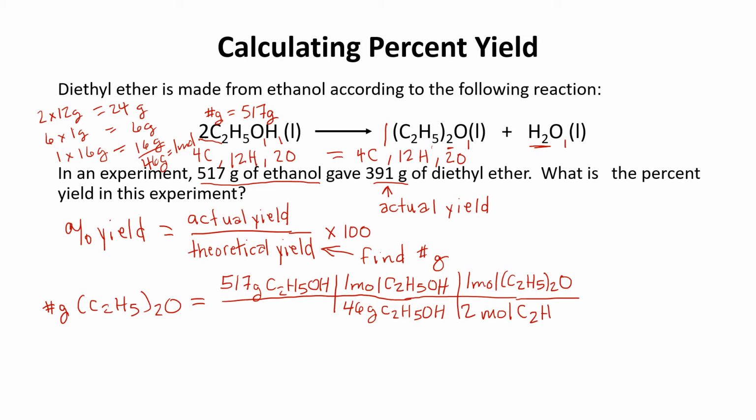So it's a 2 to 1 mole ratio here between ethanol and diethyl ether. Okay? And so I'm going to use that as a conversion factor that will allow me to go from moles of ethanol to moles of diethyl ether.